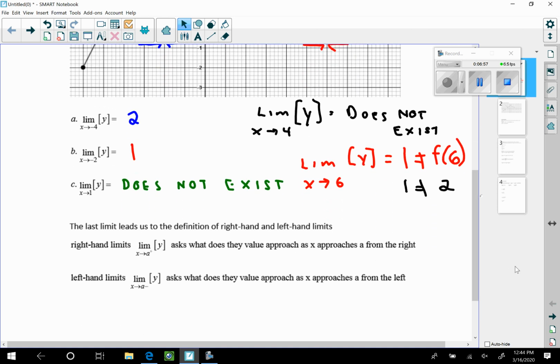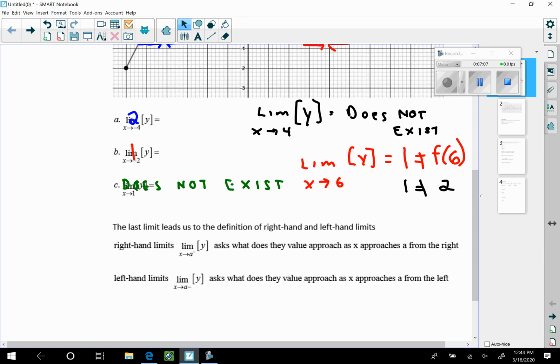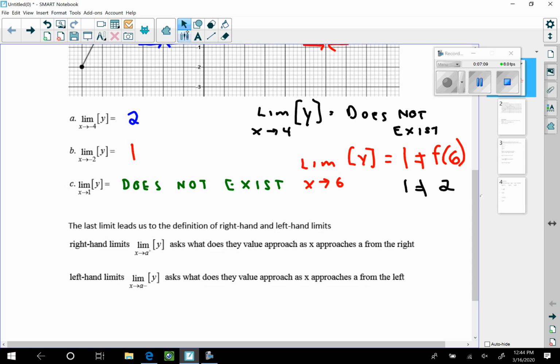Oh, and here we have new notation for this left-hand and right-hand limit. This last limit, this limit here, which does not exist, does not exist because this creature here, which we call the right-hand limit, does not equal the left-hand limit.